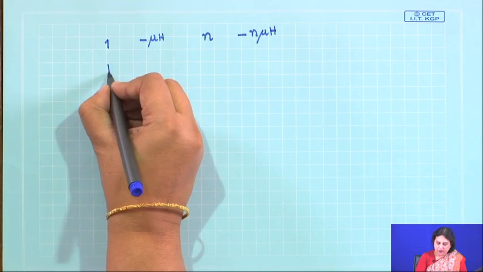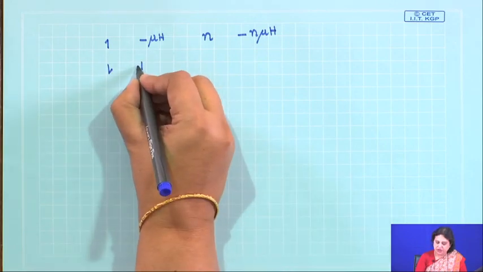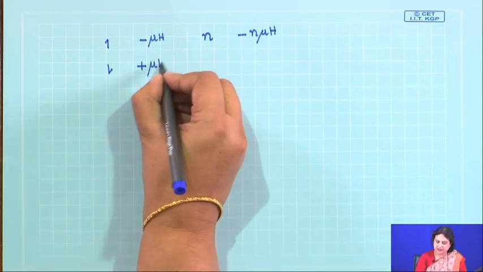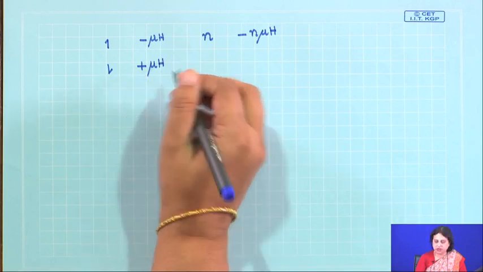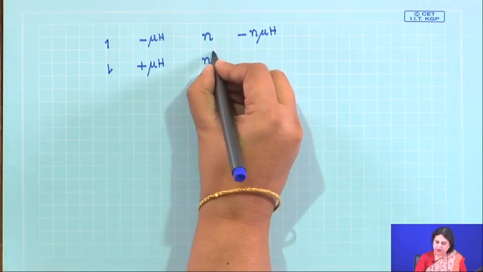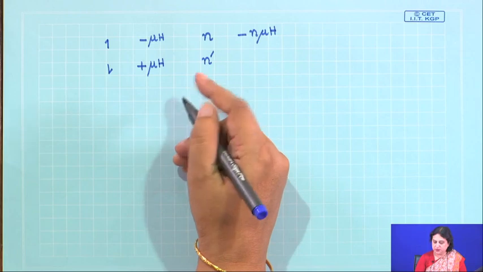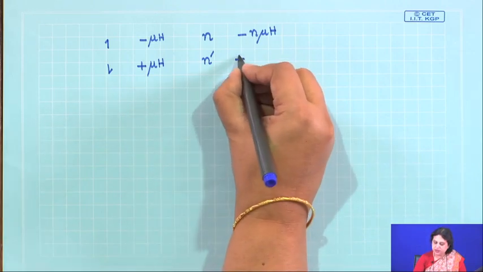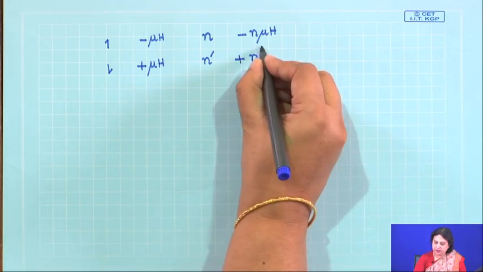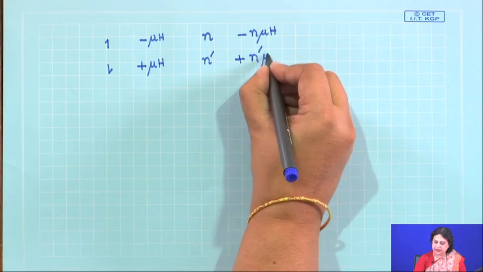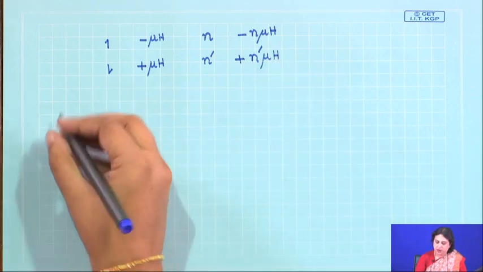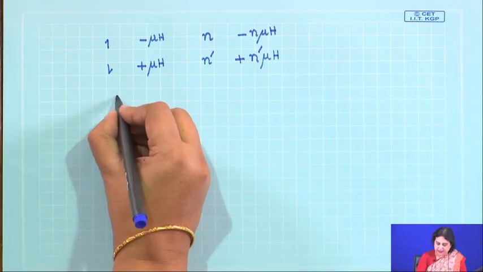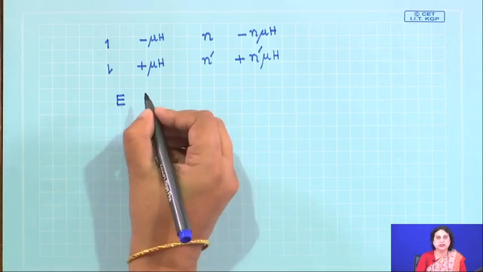Similarly, if I have one down spin, then the contribution to the energy of the system is plus mu h. So, if I have n prime such down spins, then the total contribution to the energy would be n prime mu h.